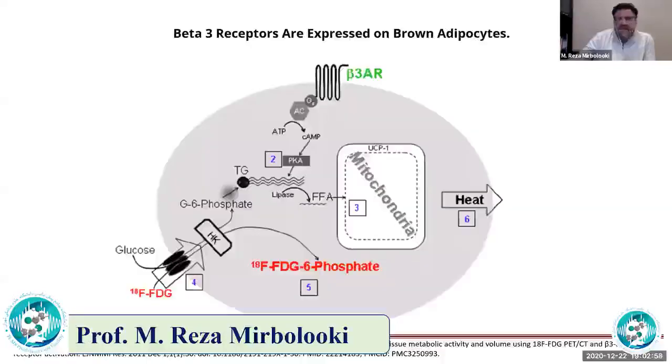If I want to explain a little bit about brown adipose tissue, it's a tissue known for its thermogenic activity. It has a critical role in burning fats and carbohydrates.